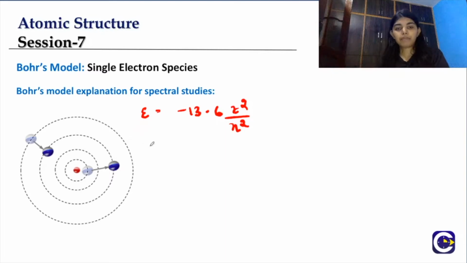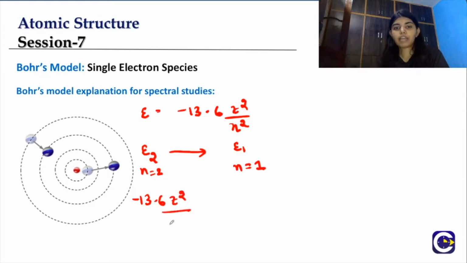Now we want to calculate the energy difference between two levels. Let us say that an electron is moving from energy level 2, that is N equals 2, to energy level 1, that is N equals 1. So what is the energy of energy level 2 here? Minus 13.6 Z square divided by N2 square.